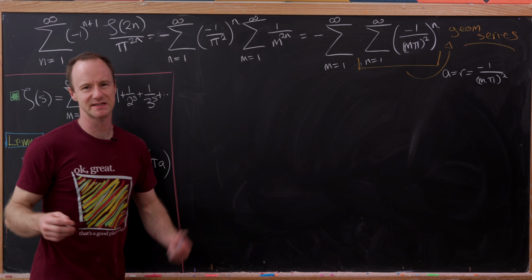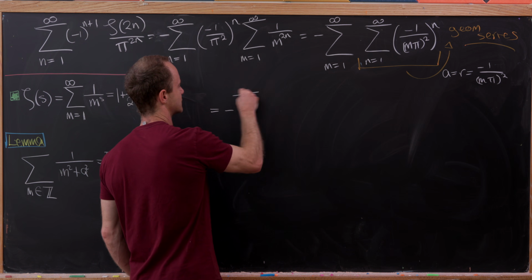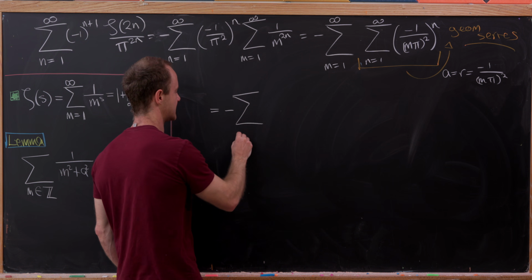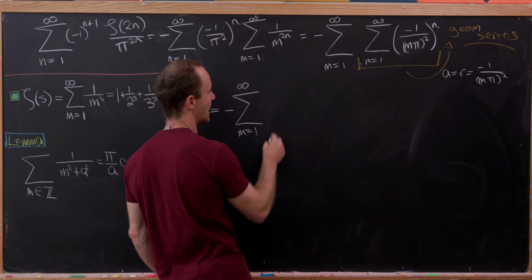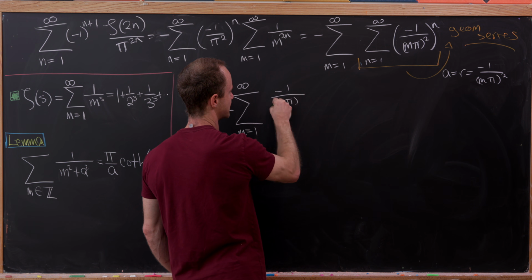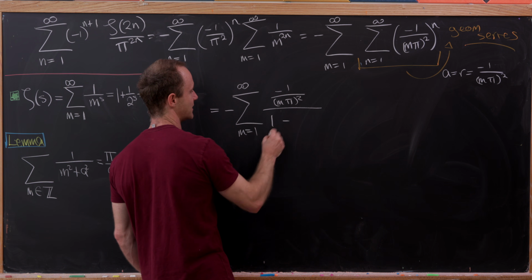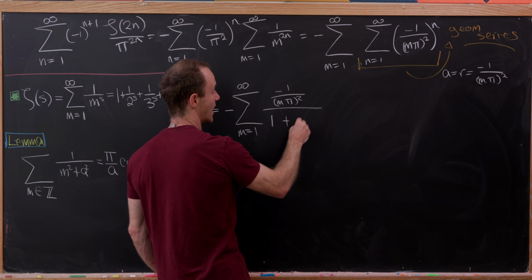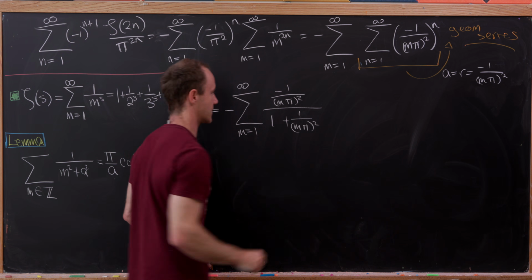So we can apply the standard summation rule for a geometric series. That's going to give us, well, we've got this minus sign out front, and then we have the sum as m goes from 1 to infinity of, well, we've got the starting term, minus 1 over m times pi squared over 1 minus the common ratio, but that's going to be 1 plus 1 over m times pi squared.